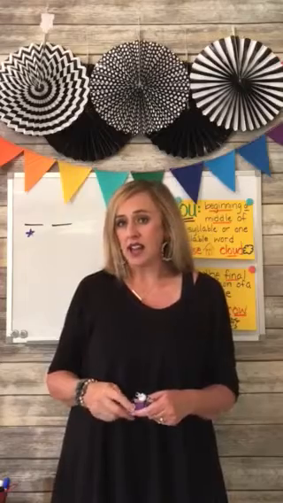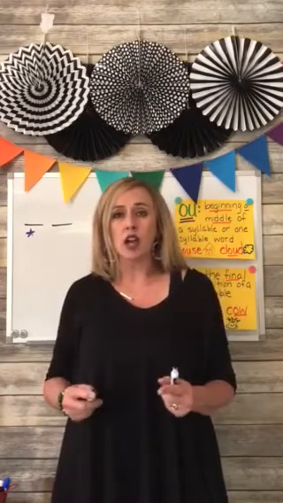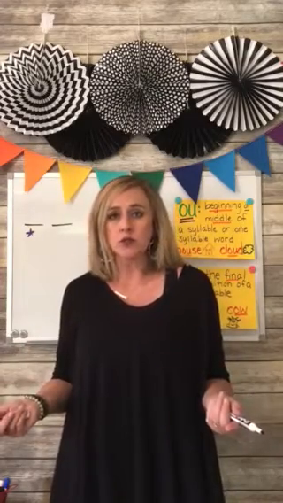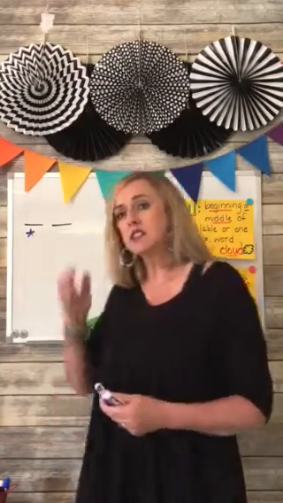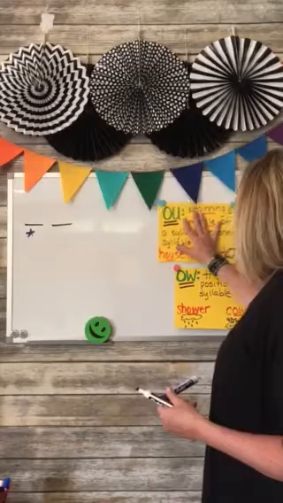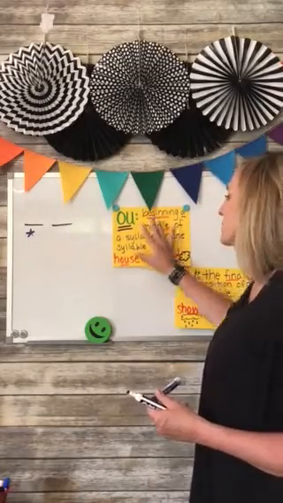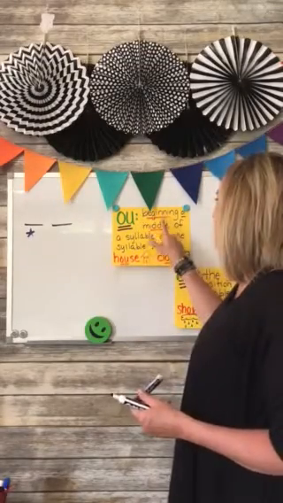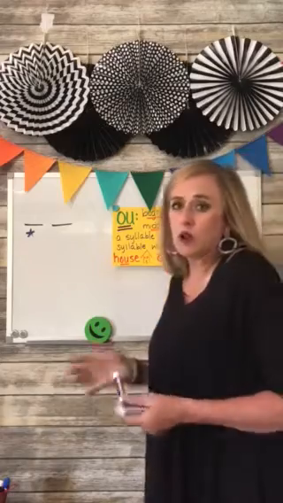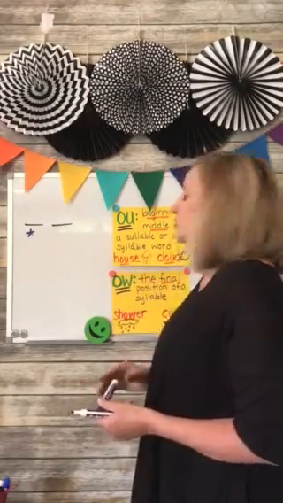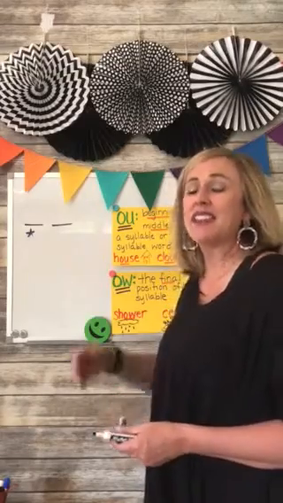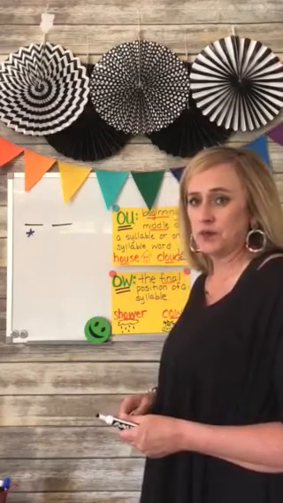So, if we know 2 ways to make the ow sound, OU or OW, which one are we going to use? Well, we've got to know our rules so that we spell it correctly. Let's look back at our rules. We know that OU spells ow at the beginning or middle of a syllable or 1-syllable word. OW spells ow in the last position of a syllable.